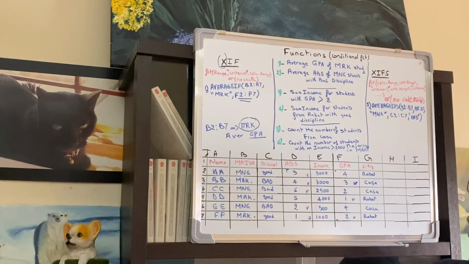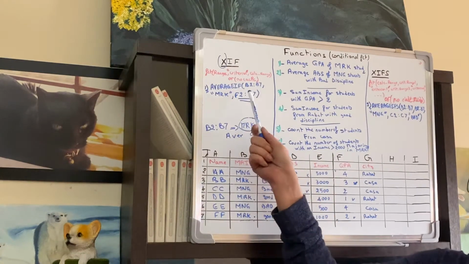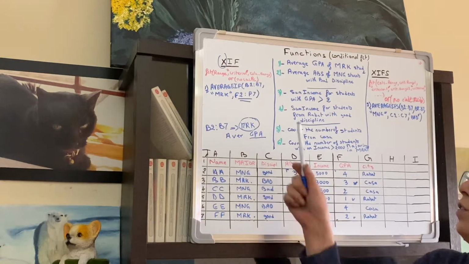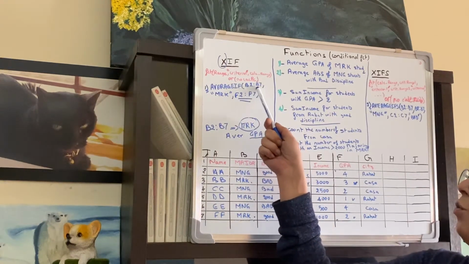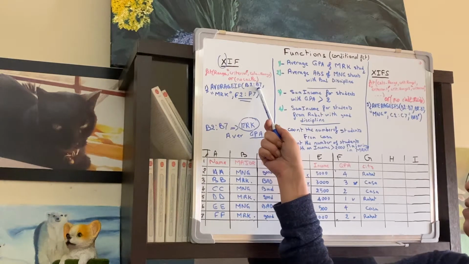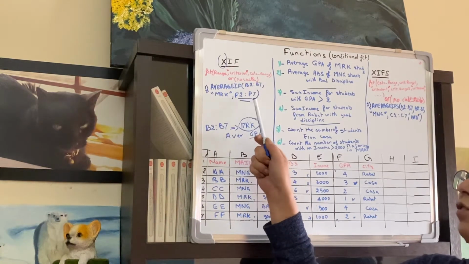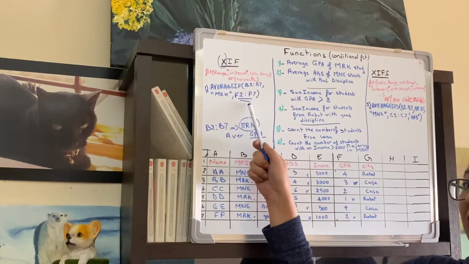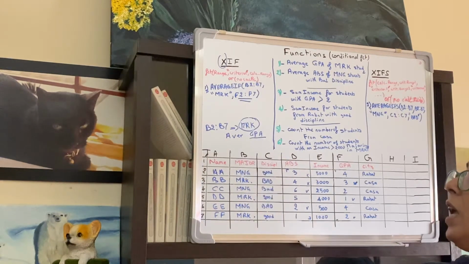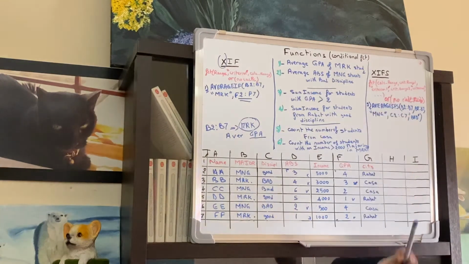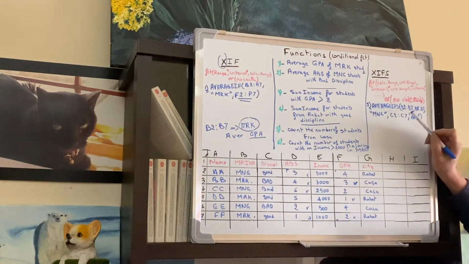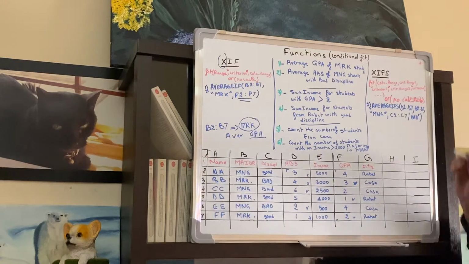Okay, so we saw AVERAGEIF. You start by giving the range where you're looking for a criterion, then you put the criterion, and at last you put the range where you make the calculation, okay? In AVERAGEIFS, however, whenever you have the ifs, you put the calculation range first, okay?